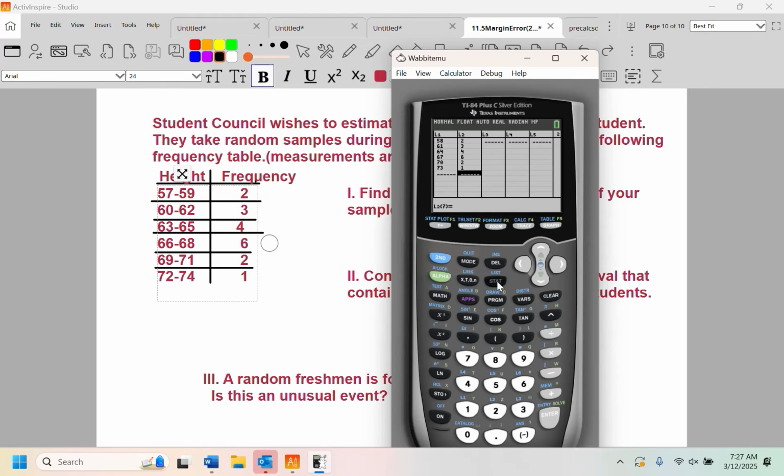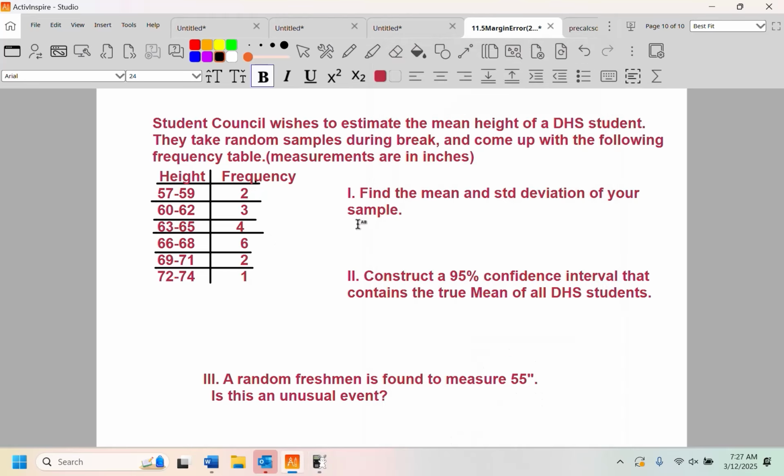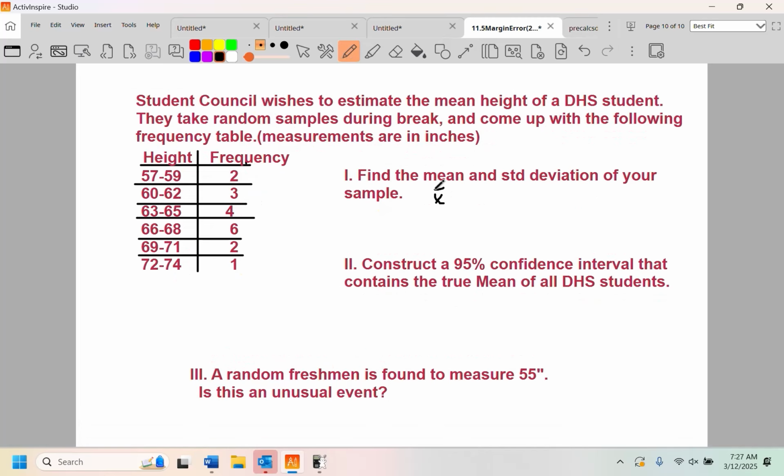All right. Stat, calc, one variable statistics. There is a frequency list. That's second 2. Scroll down to calculate. Bam. Now, we have to use X bar as our mean. The mean is 65, okay? X bar is 65. Now, these are samples, okay?